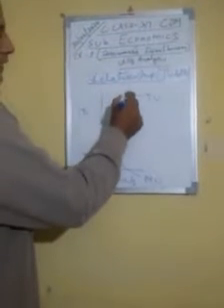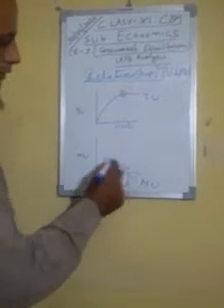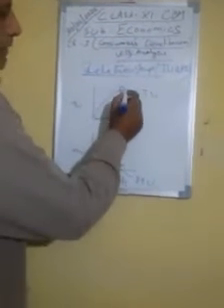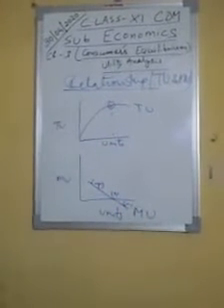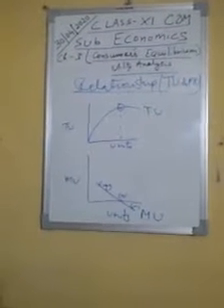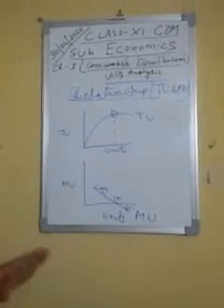When TU reaches its maximum point, MU becomes 0. When TU starts diminishing, MU turns negative. And fourth, the summation of MU is TU. So there are four relationships between TU and MU.